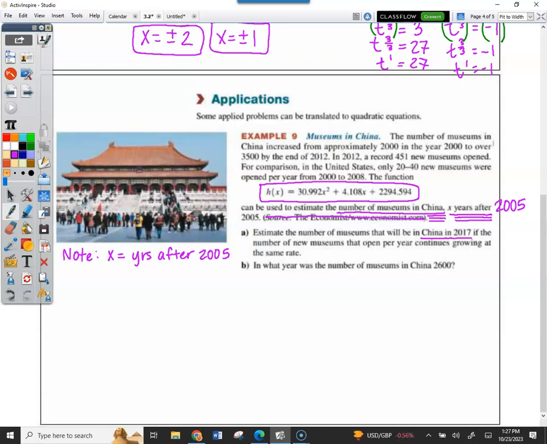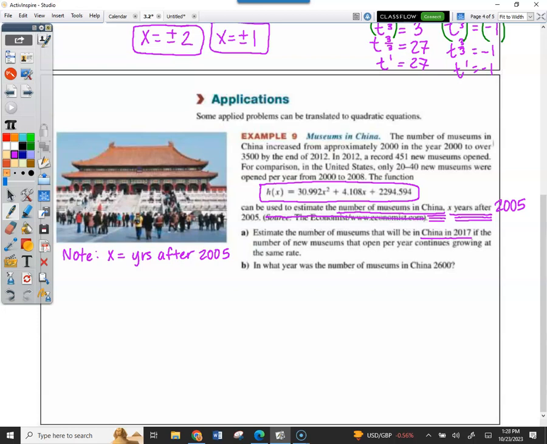If they ask for one variable, then they're giving you the other variable. So it says, estimate the number of museums in China. That's secretly saying find what variable? H. Which means they're giving me X.